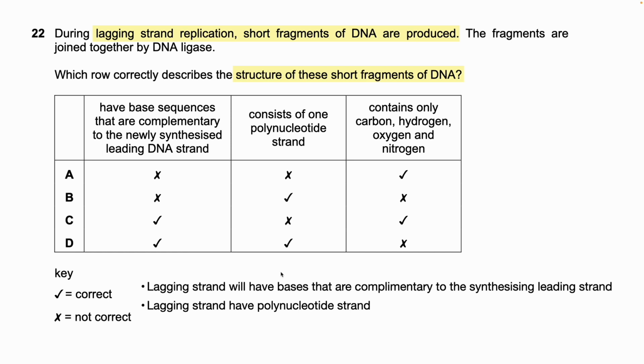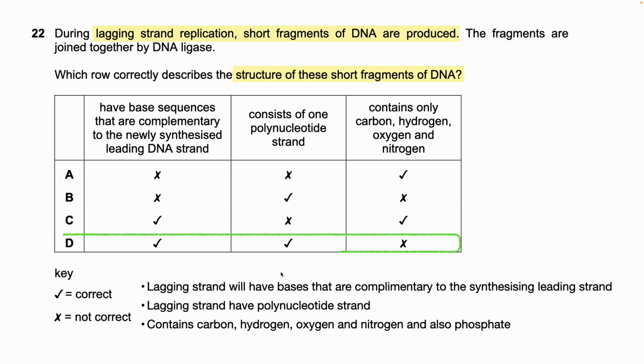But do they contain only carbon, hydrogen, oxygen and nitrogen? They contain carbon, hydrogen, oxygen, nitrogen, and phosphate as well. So option D is the right answer. The first two statements are right, and the third, only carbon, hydrogen, oxygen and nitrogen, is wrong, as it also contains phosphate. So the answer is D.